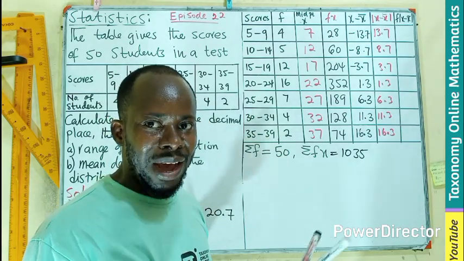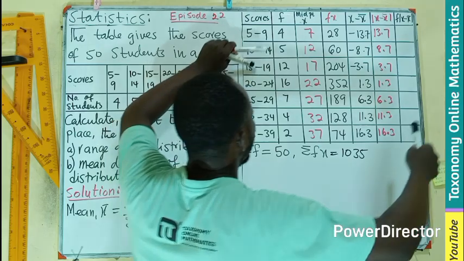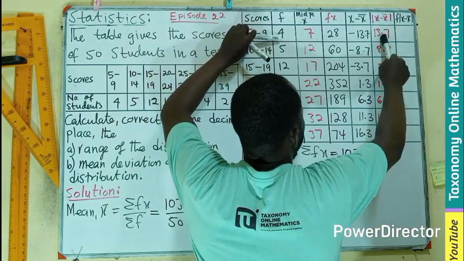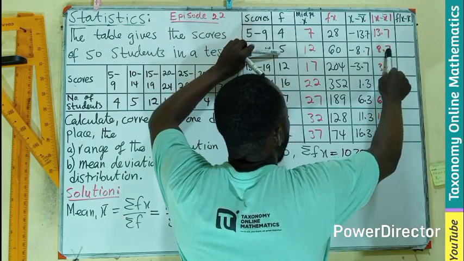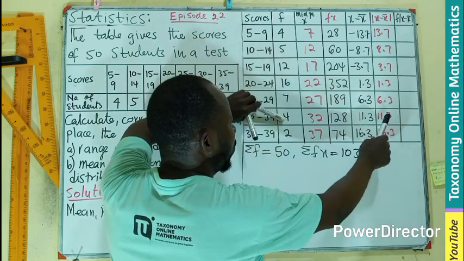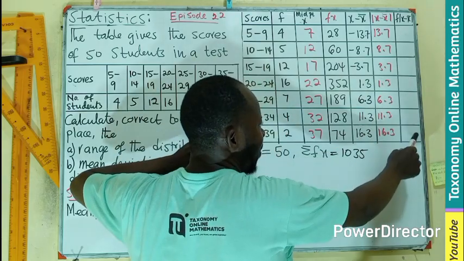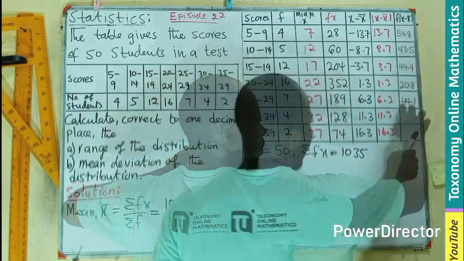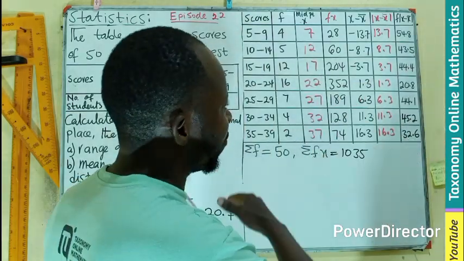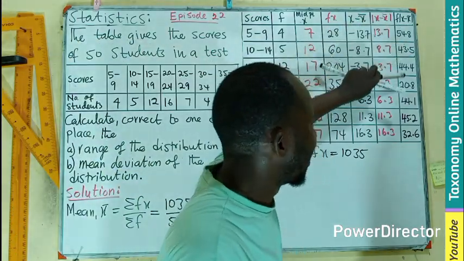I need to acquire a bigger board, but for now, let's manage what we have. So I'll be multiplying 4 by 13.7, 5 by this, 12 by this, 16 by this, 7 by this, 4 by this, and 2 by this, and write their values in these places respectively.